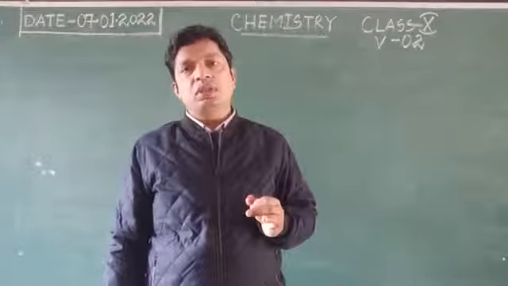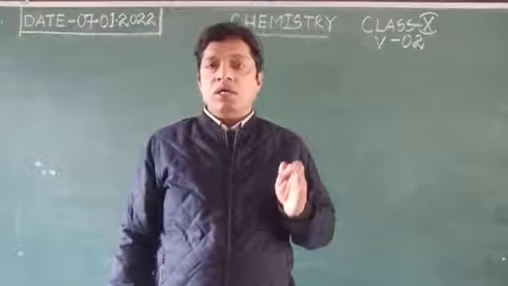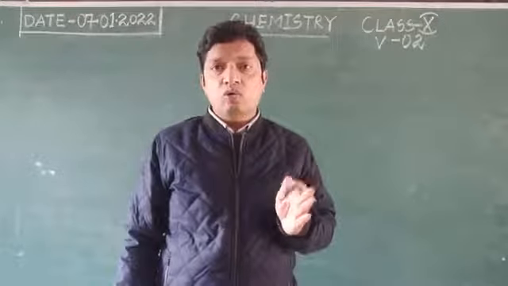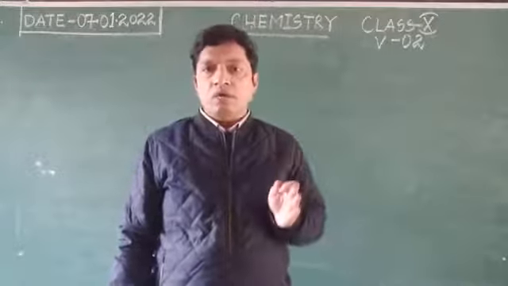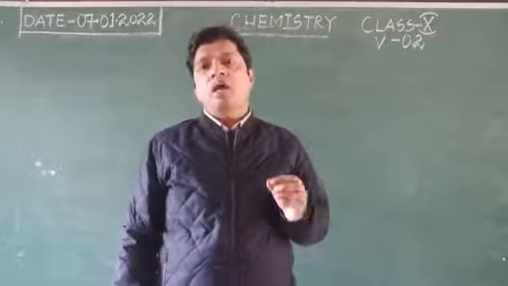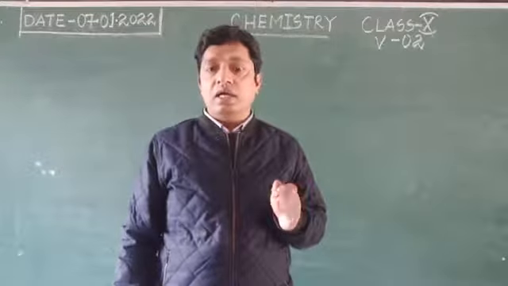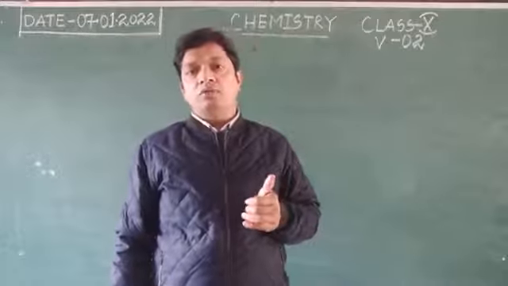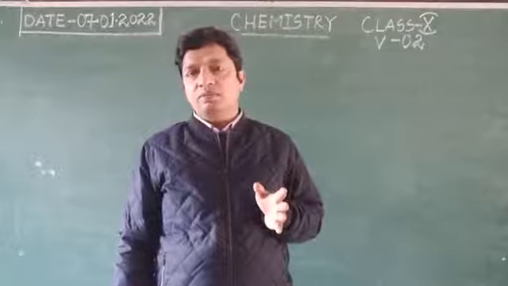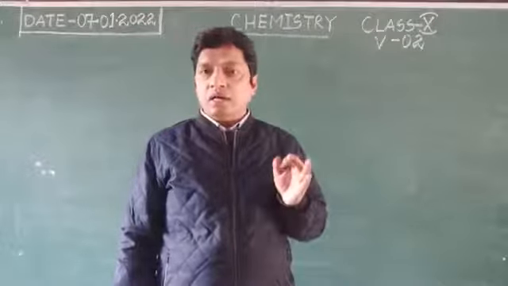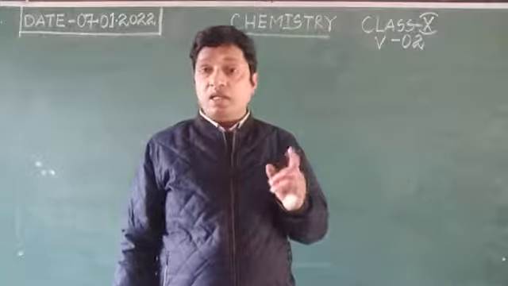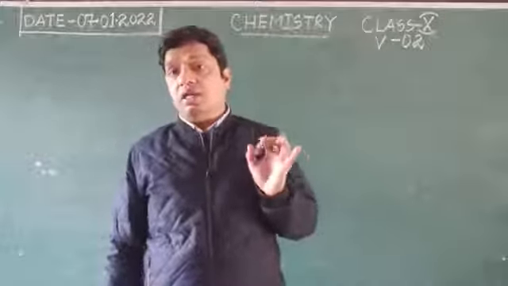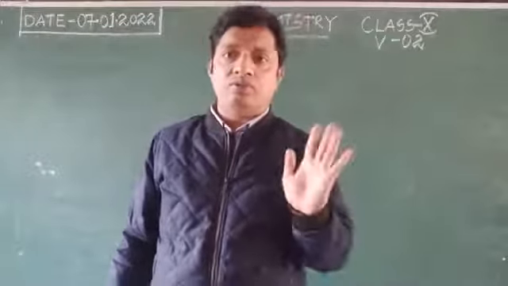Those hydrocarbons in a carbon chain containing only single covalent bonds are known as saturated hydrocarbons. If a carbon chain contains any double or triple covalent bond between the carbon atoms, then it is called an unsaturated hydrocarbon.